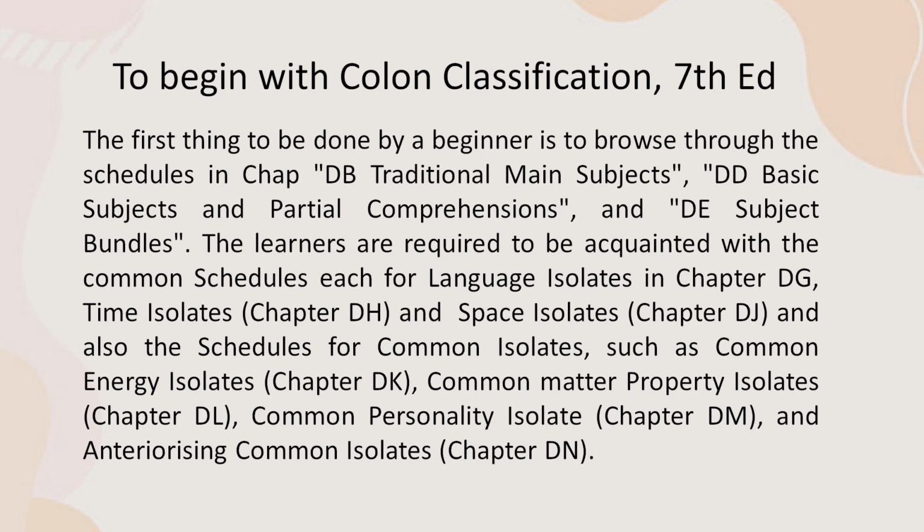The learners are required to be acquainted with the common schedules, such as language isolates in chapter DG, time isolates in chapter DH, space isolates in chapter DJ, and also the schedules for common isolates such as common energy isolates in chapter DK, common matter property isolates in chapter DL, common personality isolates in chapter DM, and anteriorizing common isolates in chapter DN.